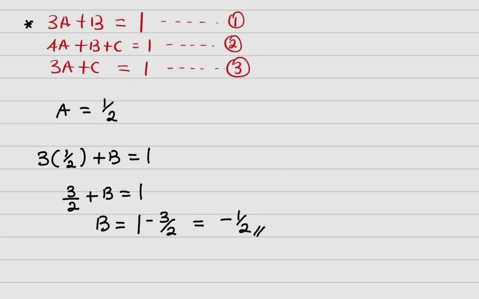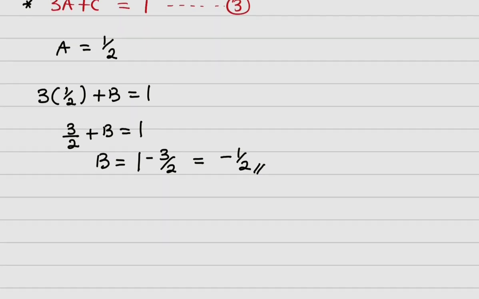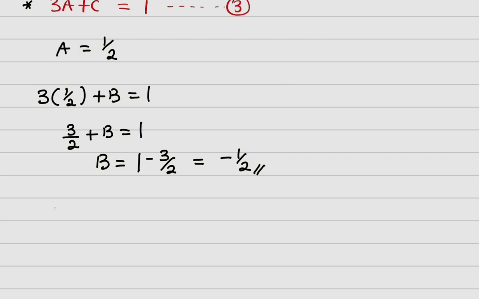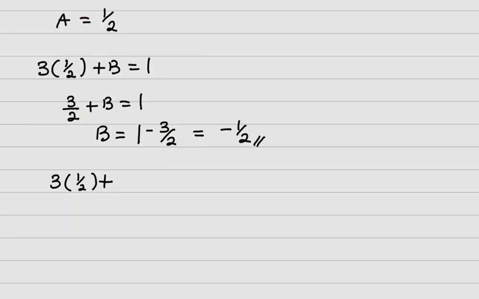Now, I can actually get my c from substituting in the third equation. Now, substituting the third equation, I have 3, then I have a, which is 1 by 2, then plus c, then this is equals to 1 equally. So I'm going to have 3 by 2 plus c is equals to 1.